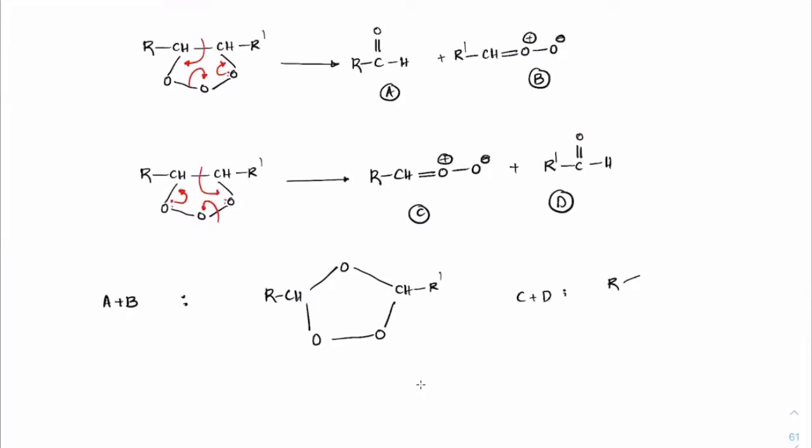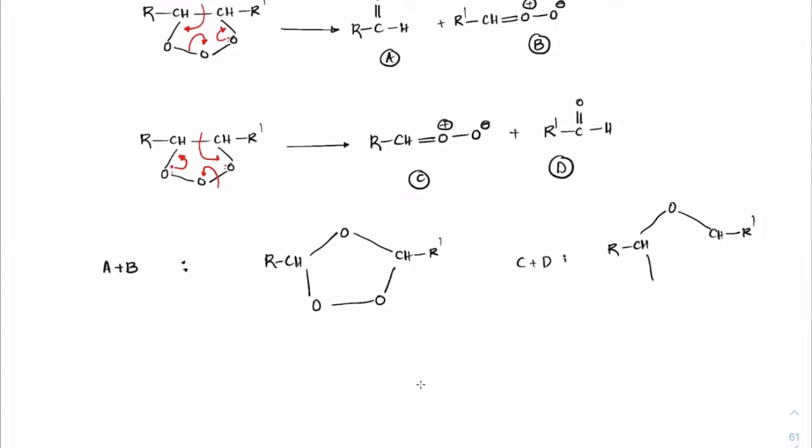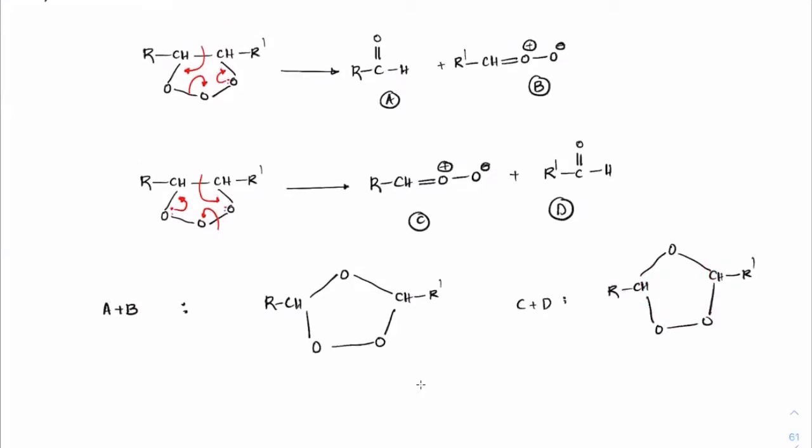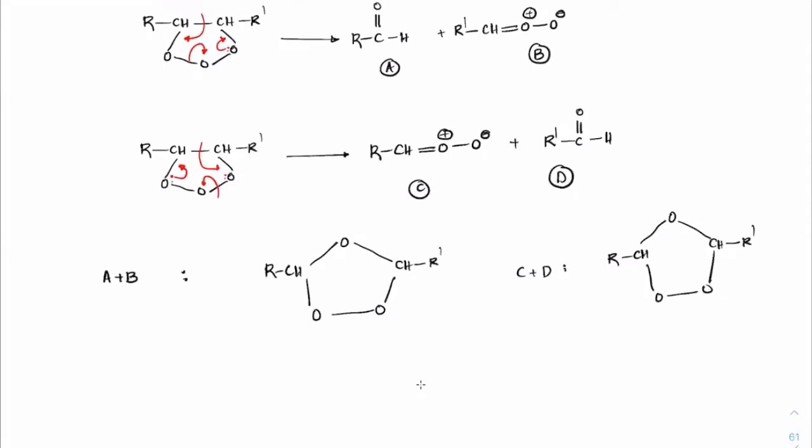So we'll get RCHO with CHR' with O and O, which means A plus B combining and C plus D combining will give you same products only. Yes or no? You guys can see that it can give only same products.